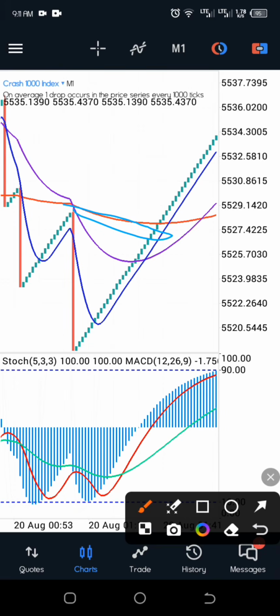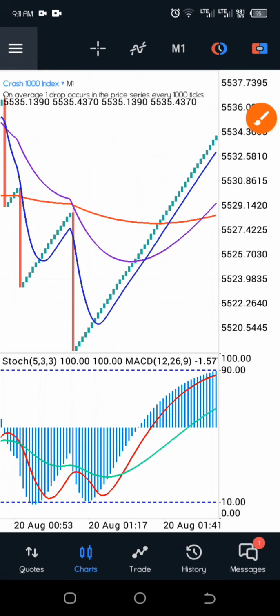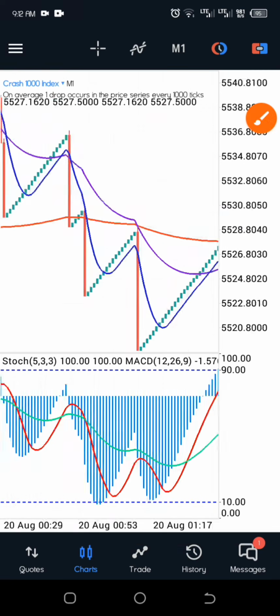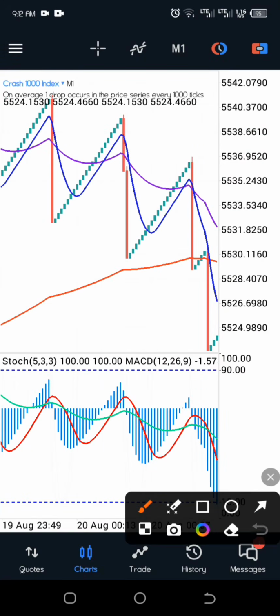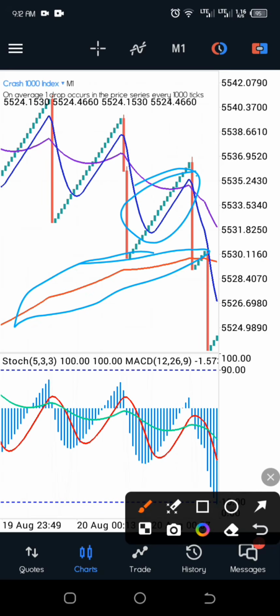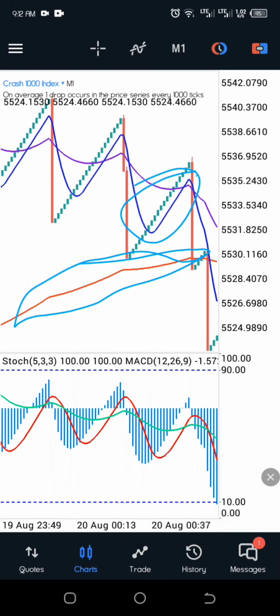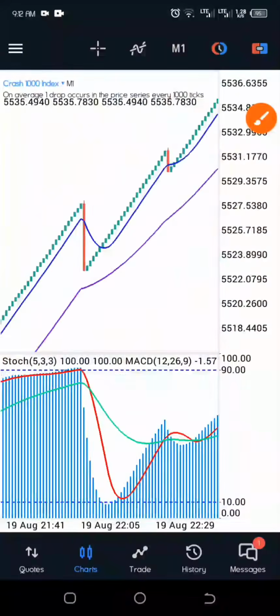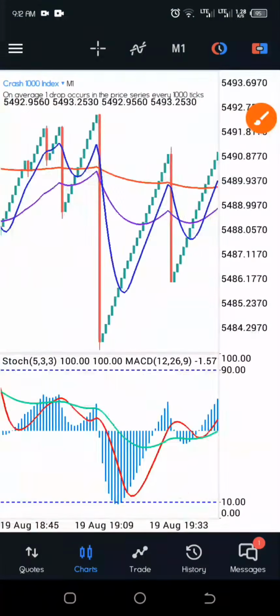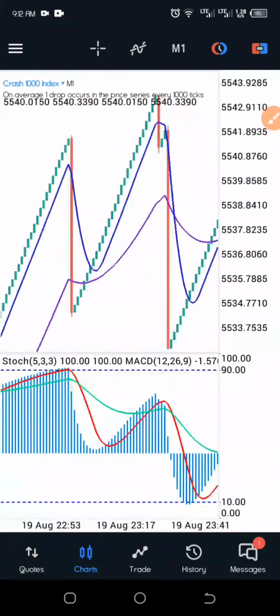And when the red moving average is not above the price on Crash, that is not a trade. You can see you have a confirmation right here, but the moving average is moving below the price. That is not an entry for you. You want to see the moving average above, not below it.